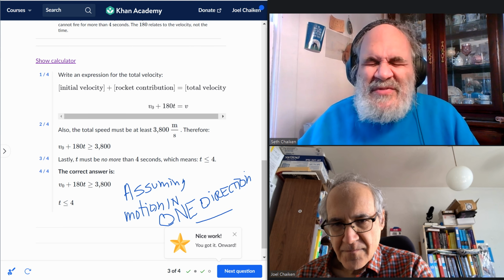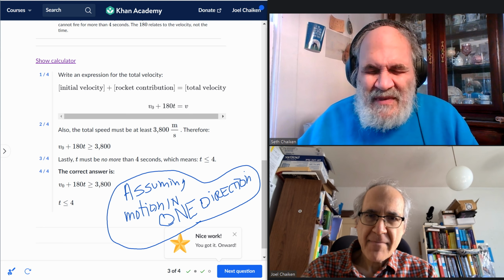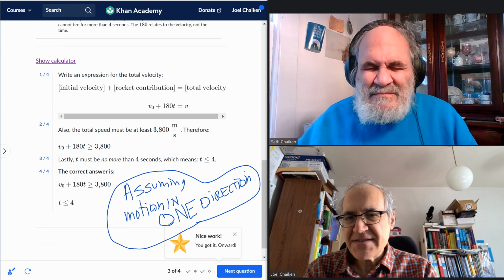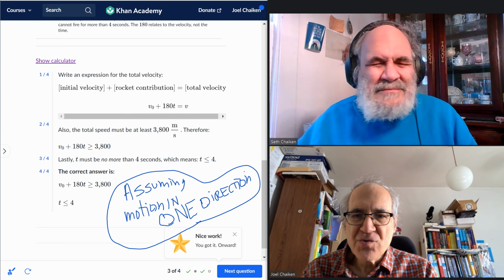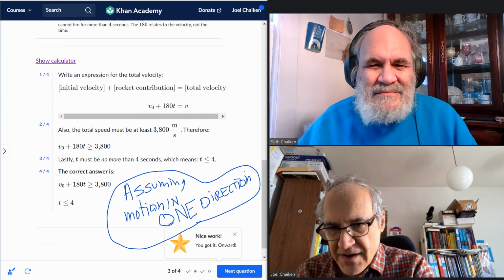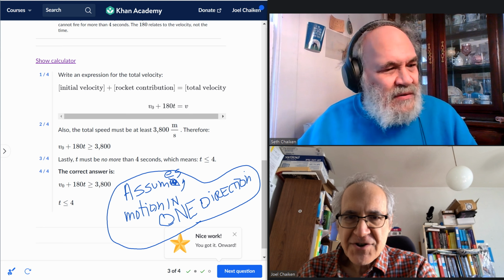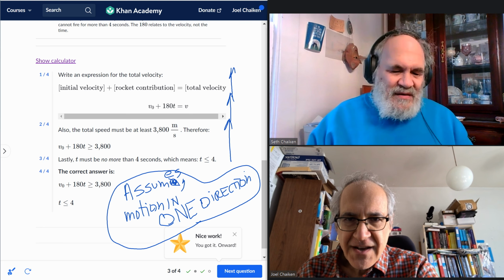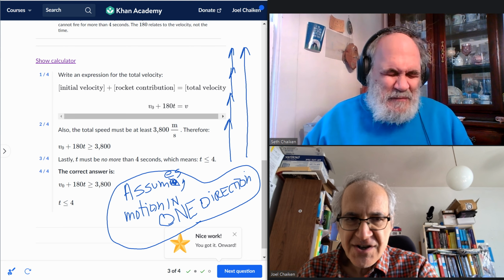But this issue in physics is skirted, because this test doesn't deal with that issue. So this assumes motion in one direction. In other words, the thing goes this way, you push it more, it goes this way. Notice everything is straight, one direction. There's no change in direction.